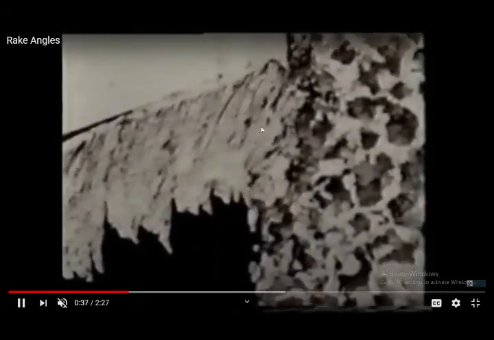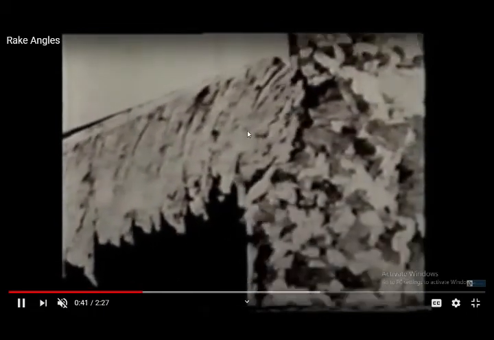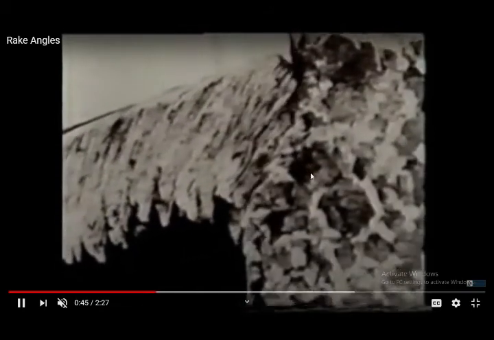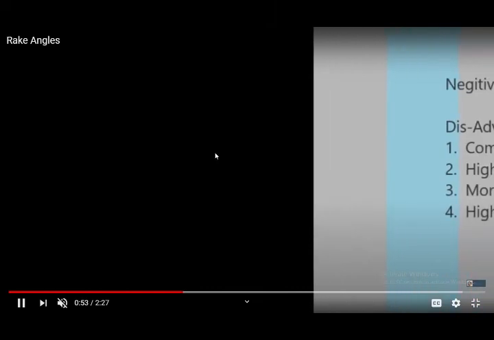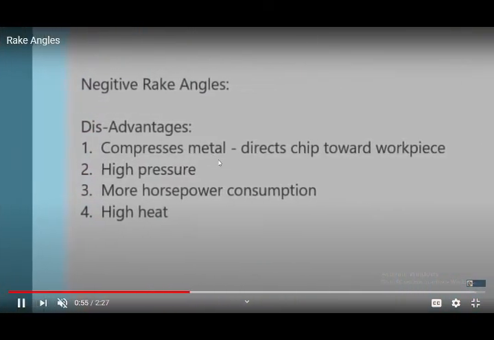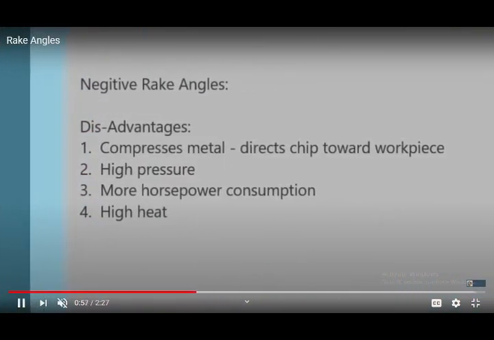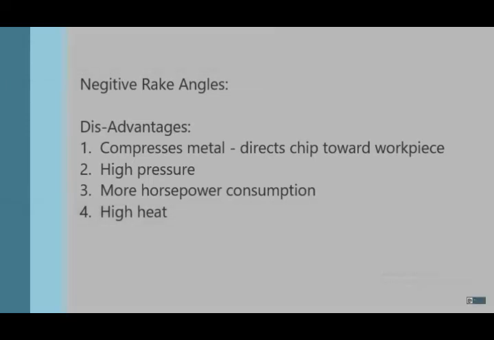Here you observe how the unwanted material is removed from the parent metal, in this animation. This is the negative rake angle. There are disadvantages also: compresses the material, higher pressure, more horsepower consumption, high heat.